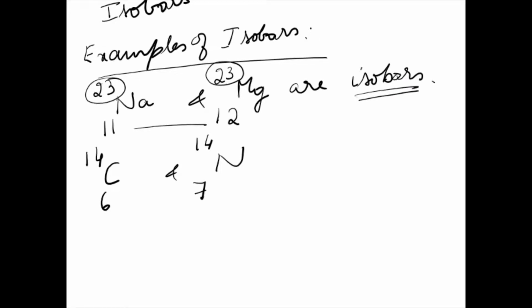And nitrogen has 7 electrons, 7 protons, and 7 neutrons, that is why its mass number is 14. So mass numbers are the same. Isobars have the same mass number but different atomic number. So these are examples of isobars.